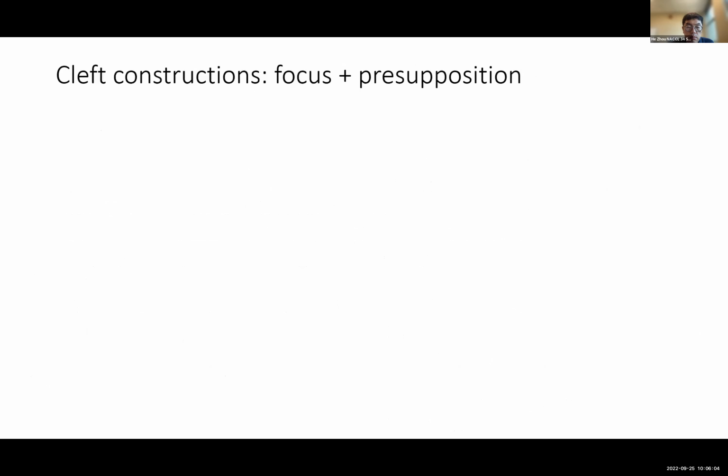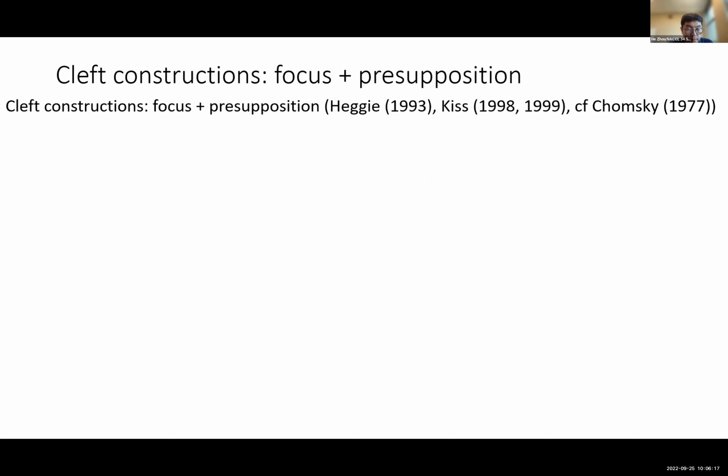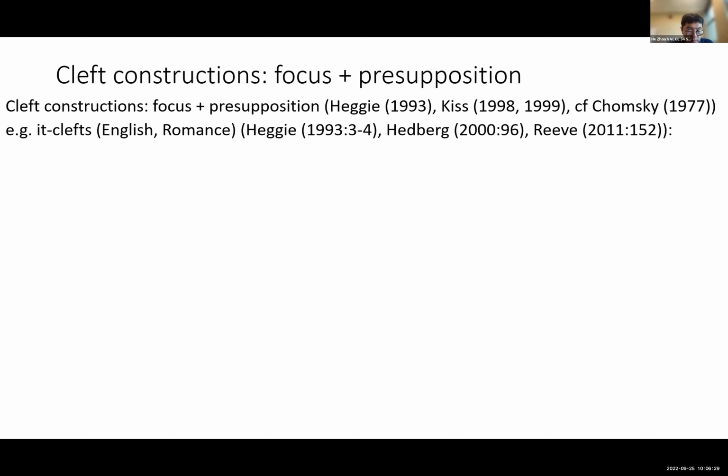Right, so if we just have a brief outlook on cleft constructions. Standard work on information structure has shown that clefts consist of the focus plus background. So these works also start from Chomsky's 1977 paper, which tries to derive WH movement via operator movement, as we shall see.